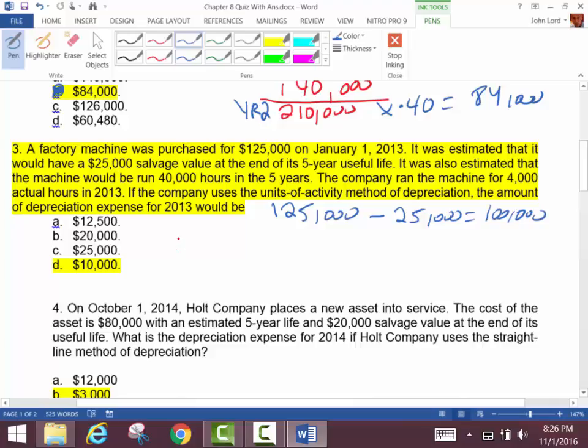Okay, good. I take that 100,000 and do what? If my engineers tell me that this thing should run 40,000 hours, I'm going to use that number, right?